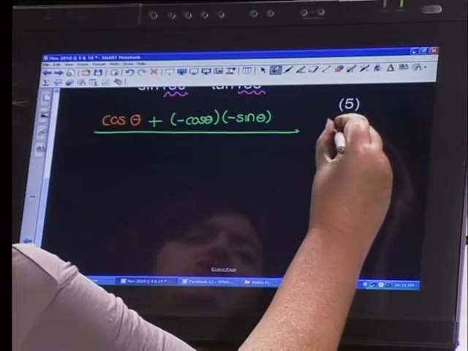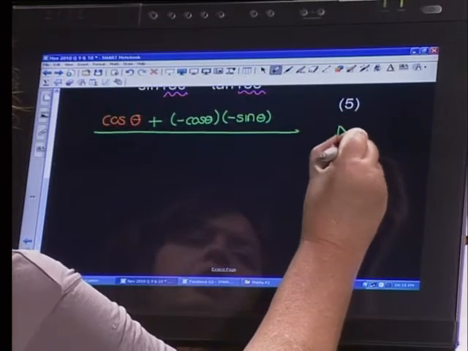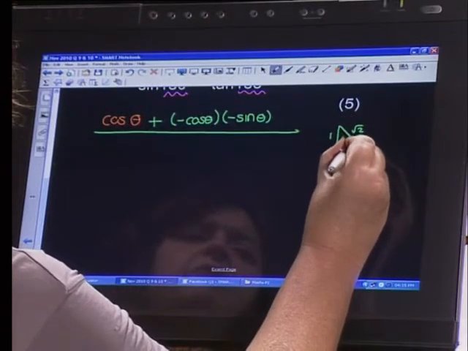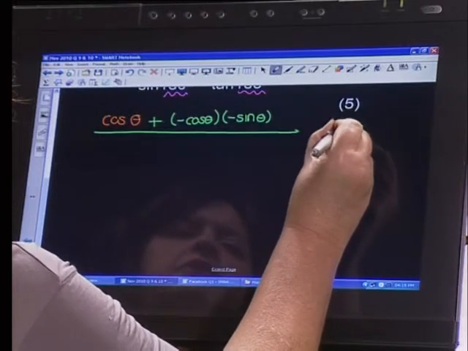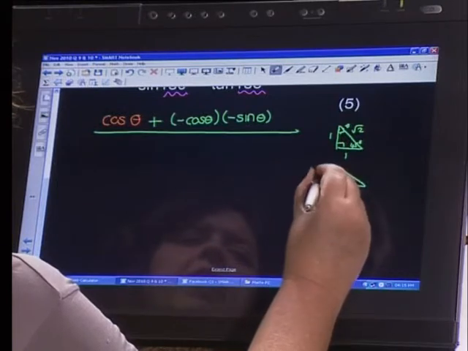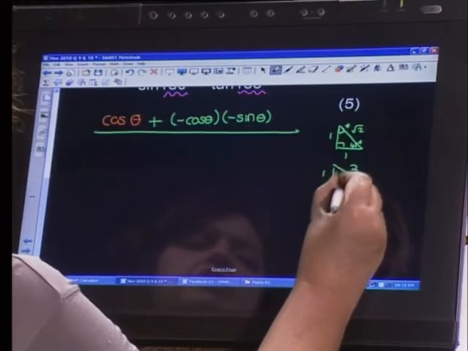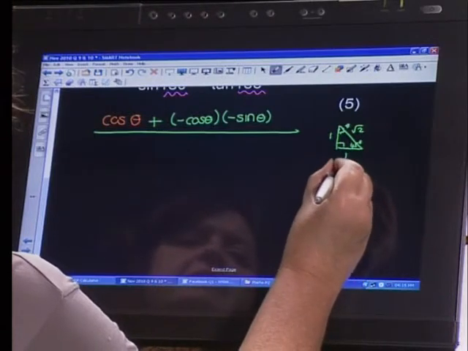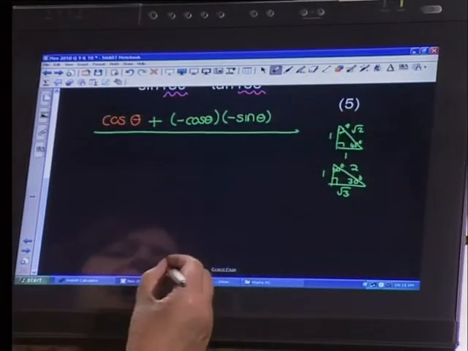Right, so let's talk about the special angles. If you've been taught the triangles, you would know that this is 1, 1, root 2, and this would be 45 degrees, 45 degrees. And then the other one you would know is this is 1, this is 2, and this is root 3, and this is 30 degrees, and this would be 60 degrees. Those are your special angle diagrams.